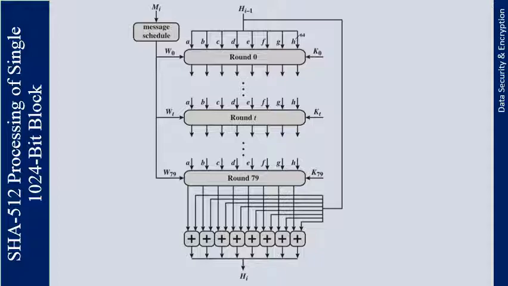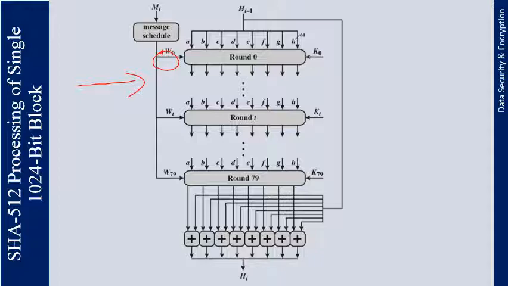At input, the first round has the buffer value of the intermediate hash H(i-1). Each round t makes use of a 64-bit value Wt, from W0 to W79 for the 80 rounds. These words represent the first 64 bits of the fractional parts of the cube roots of the first 80 prime numbers.